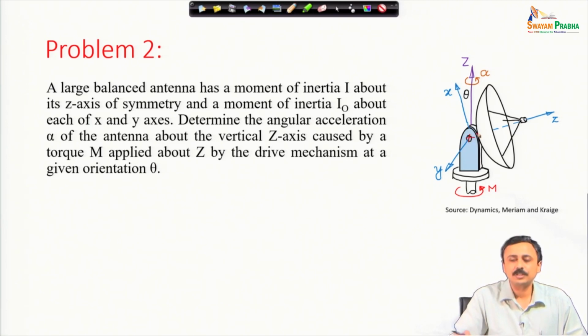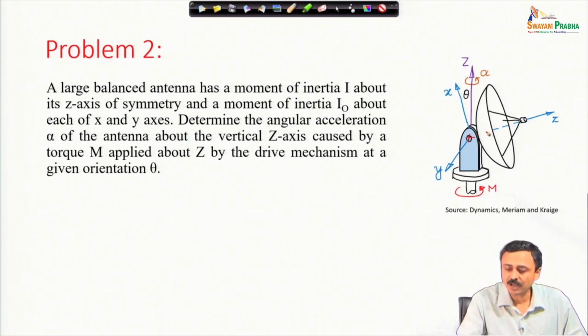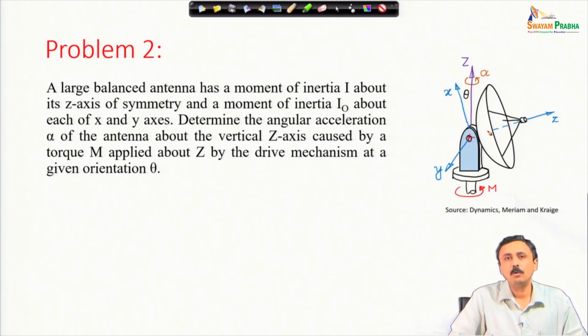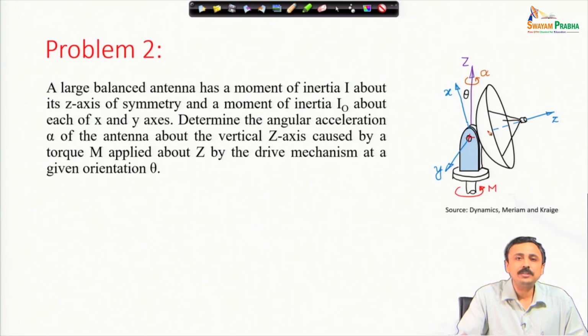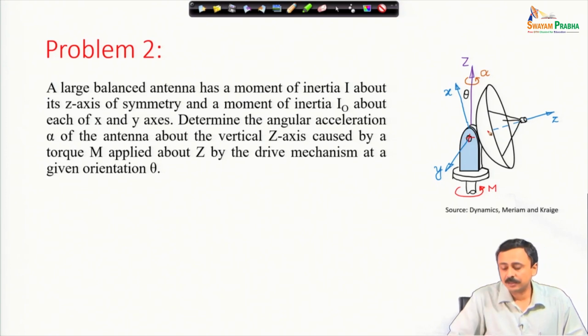This is just to simplify the whole thing, because had the center of mass been somewhere else, that would produce another moment. Usually such antenna, especially when they are to rotate, must be balanced, otherwise it might produce a lot of unbalanced moments because of rotation.